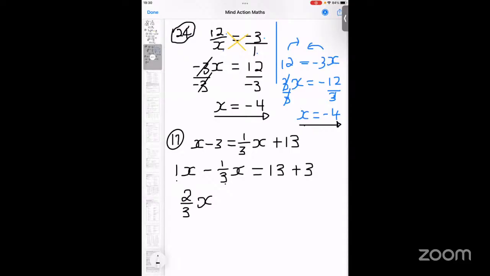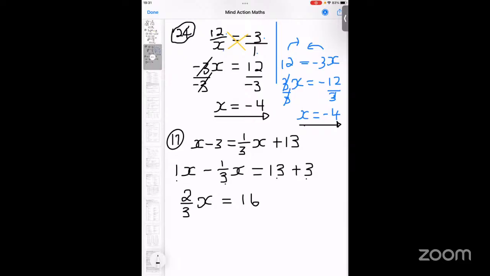So that's why it's 2 over 3. You must remember that x. But if it's just the numbers without a letter, that's why you will just say that plus that, it gives you 16. You won't say 16x because it's not 13x plus 3x. It is just 13 plus x. But on the left-hand side, it was 1x minus 1 over 3x. That's why it is 2 over 3x.